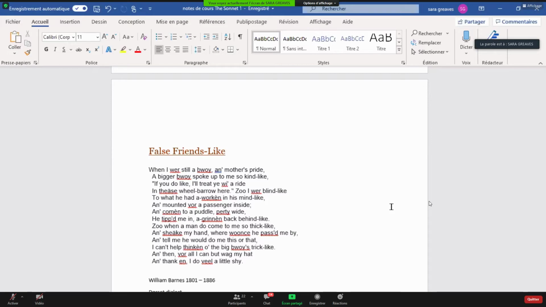Now, I don't know how easy that is for you to follow in this Dorset dialect. Dorset is a county in the southwest of England, a very rural county, and this is a very strong rural accent.